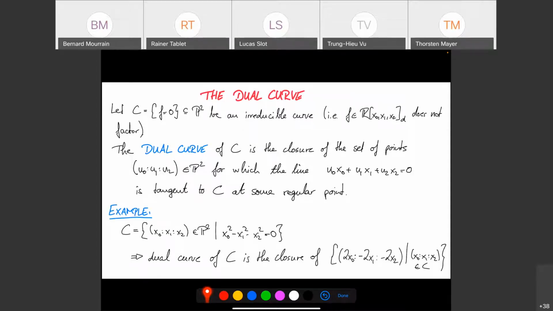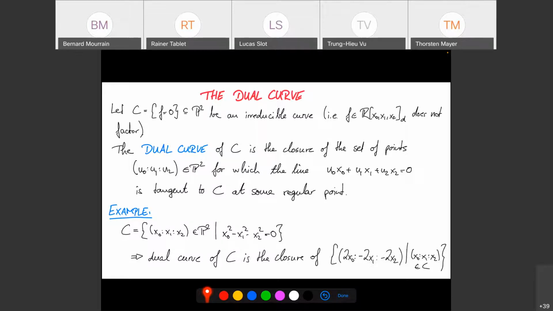So for instance, if you do this for the circle, so this is the equation of the circle. If you put x0 equal to 1, you just get the Euclidean circle in R2, for example, as the zero set of this polynomial. Then you get the dual curve. You take the gradient at every point. That's what I did here. So these entries are the gradients.